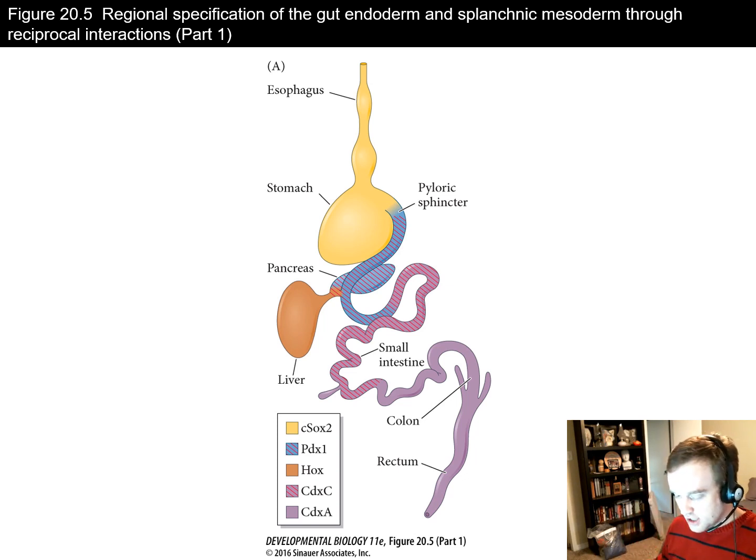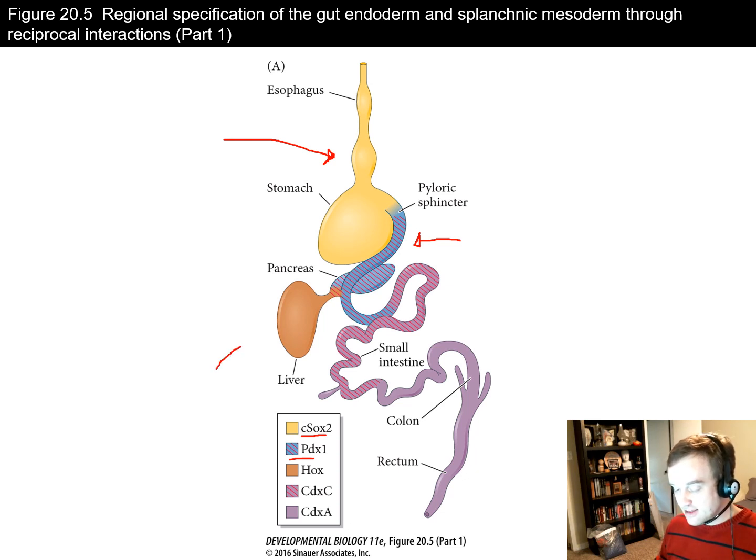And so then we have another SOX gene, SOX2, which will specify the development of the esophagus and the stomach. PDX1 will be expressed more caudally, and it will lead to the development of the intestine.